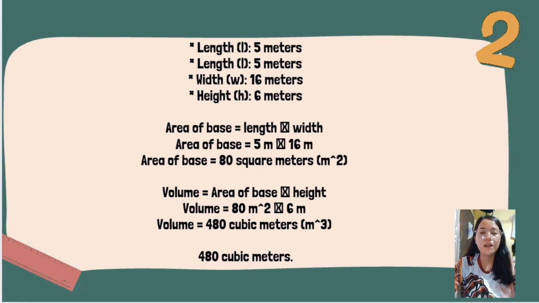Area of base equals 5 meters times 16 meters. So, area of base is equal to 80 square meters. Now we multiply the base area by the height. Volume equals area of base times height. Volume equals 80 square meters times 6 meters. So, the volume equals 480 cubic meters.